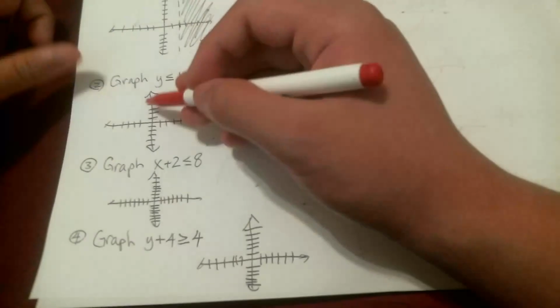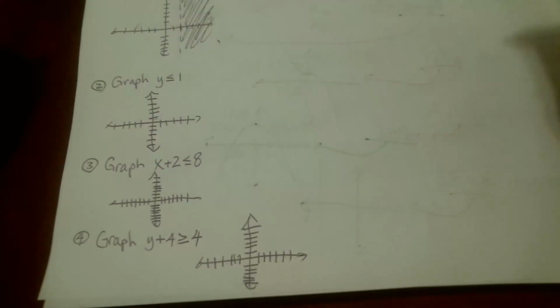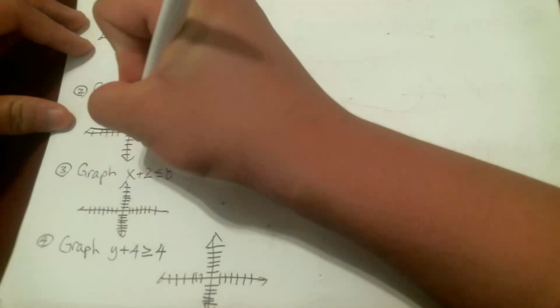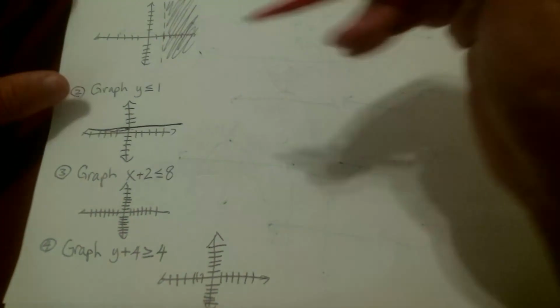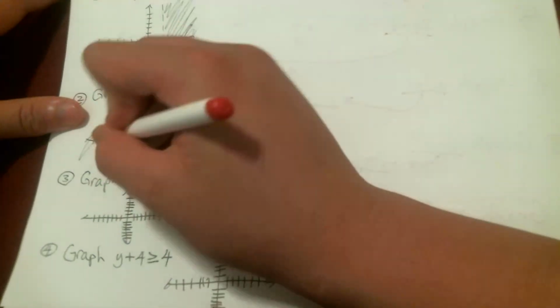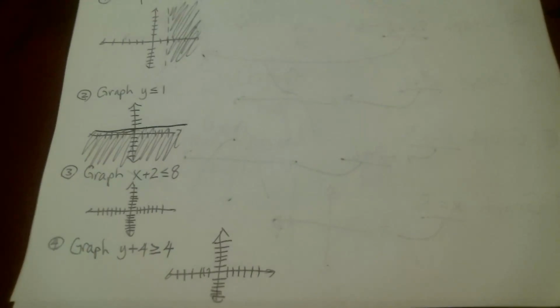Since it does include 1, since it's a less than or equal to, we would have to include that when we create the lines. So this is how it looks, and then we have to shade all of that in. Since this is less than, we would do all the values of y that are less than 1. So like this.